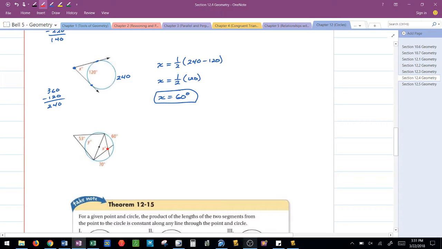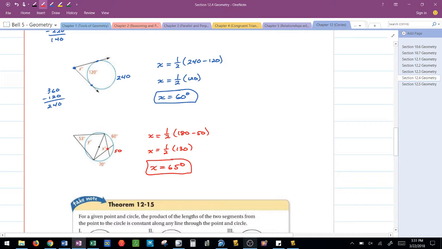So I know that this side is 180 and this side is 180. So let's see, if that's 60 and that's 70, I know that this is 50. All right? So to find x, I'm going to take 1/2 of 180 minus 50. Or x would be equal to half of 130. So that means x would be 65 degrees.